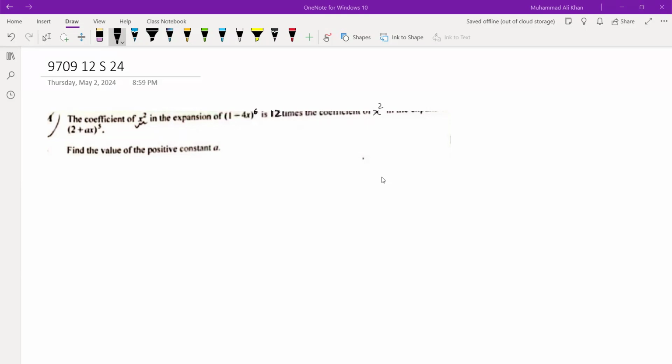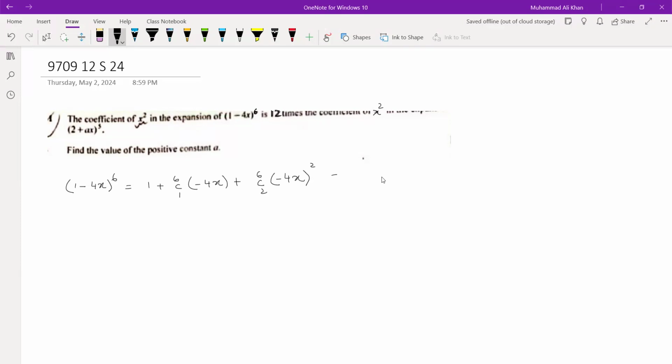Now you see, first we have to calculate the coefficient of x squared in (1 - 4x) whole power 6. So it will be 1 plus nC1 b1 plus nC2 b2.